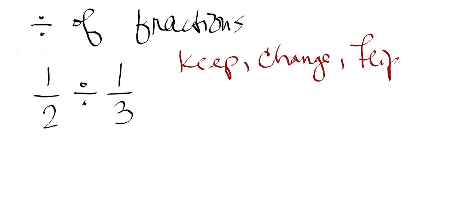So what am I going to keep? I am going to keep my 1/2, so that stays absolutely the same. What am I changing? I am changing my division sign to multiplication. And what am I flipping? I am flipping my 1/3, so that's 3/1.